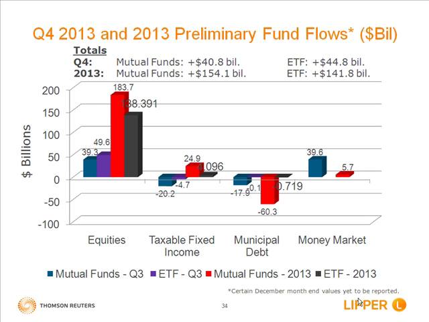This mirrored the trend that we saw for the full year of 2013, which was a pretty robust year for mutual funds and ETFs overall, with 154 billion coming into mutual funds and 142 coming into ETFs.